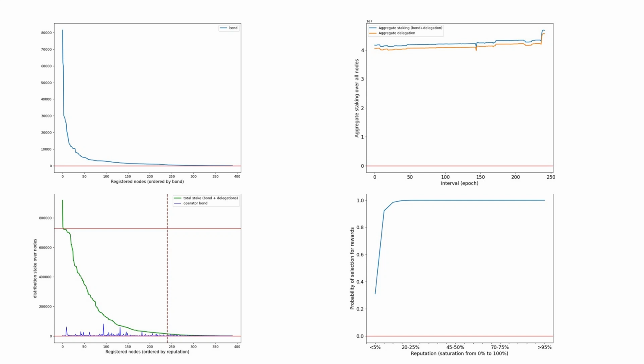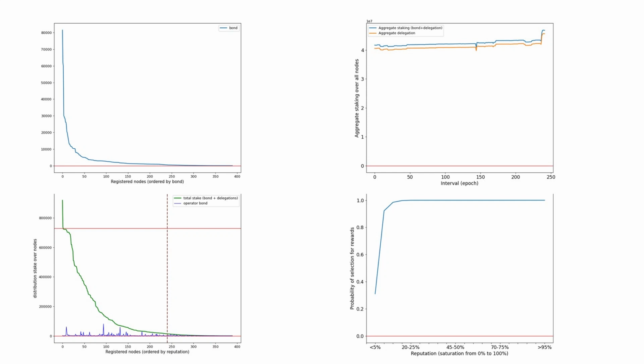So the more reputation you have, the higher the probability of being selected. That means that if you are one of these nodes with high reputation, you will have much higher chances of being selected for rewards than if you are one of the nodes with a smaller reputation.